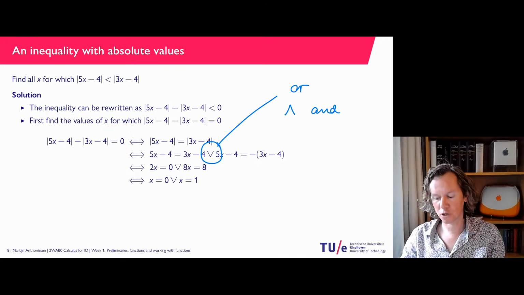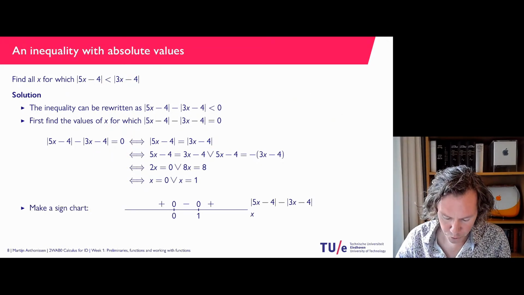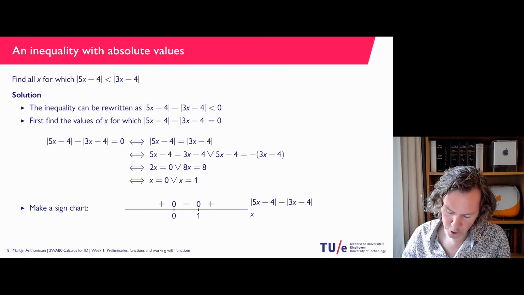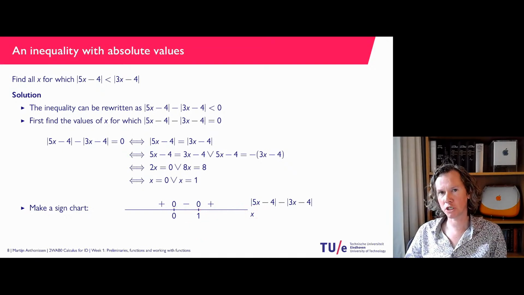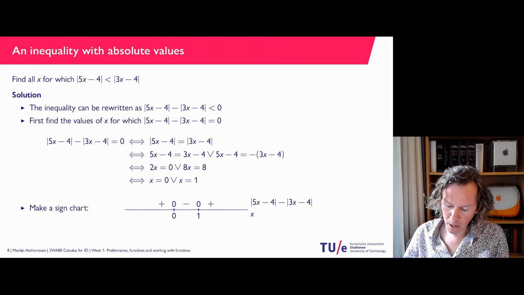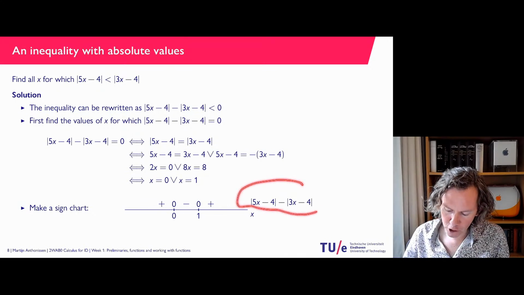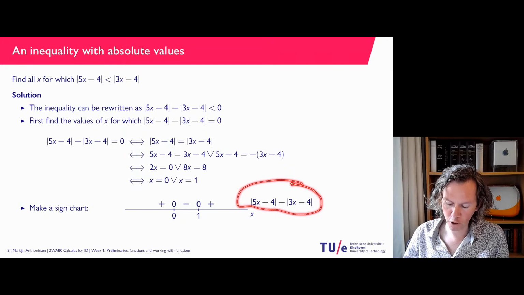And now we make a sign chart, where we put x below and the special values are 0 and 1. That's basically the values where it can change sign, where it can go from plus to minus or the other way around. And up here we put this thing, the absolute value of 5x minus 4 minus the absolute value of 3x minus 4.